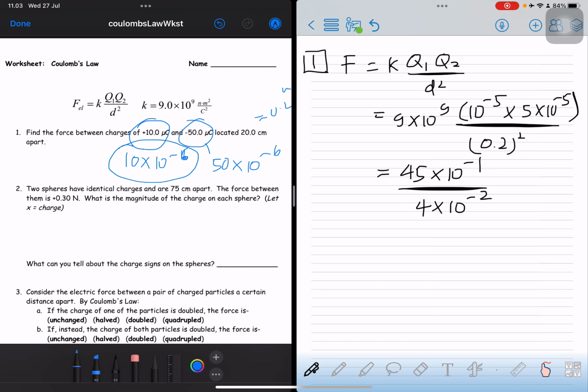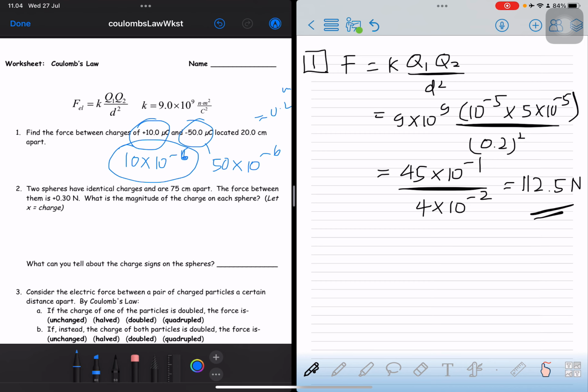Then this is the same as 45 divided by 0.4. We use the calculator first. This is 4.5 divided by 0.04, which equals 225 divided by 2, or 112.5 Newtons.